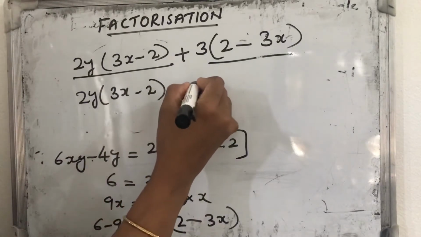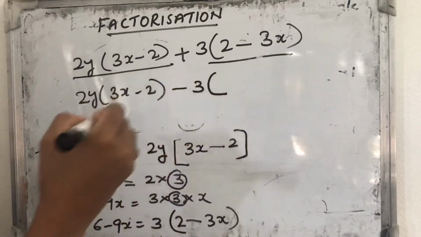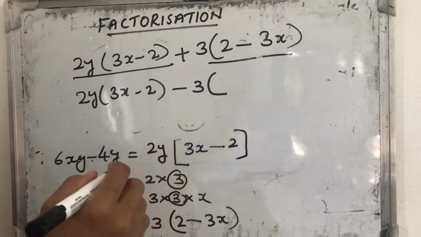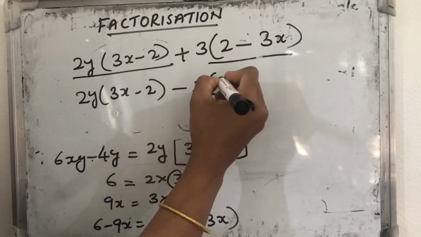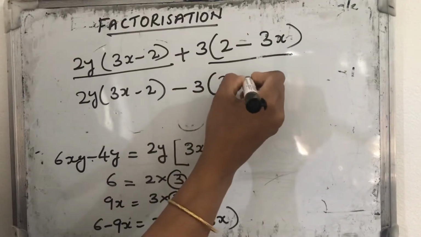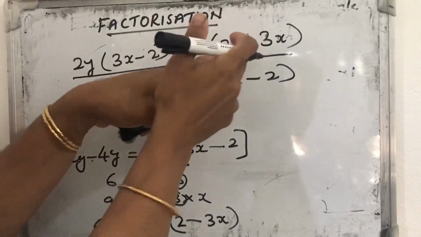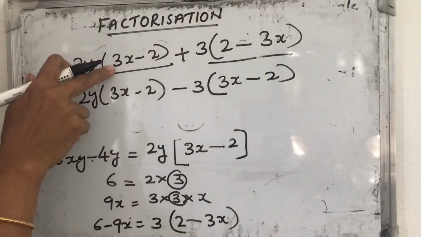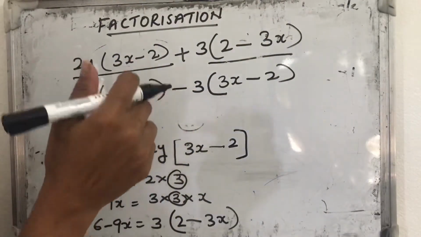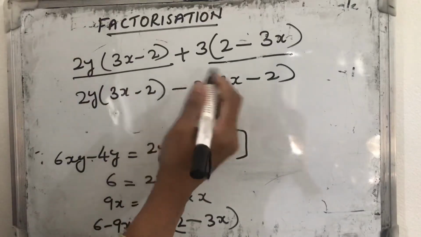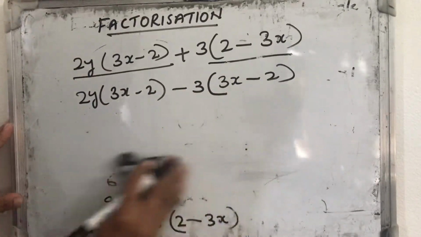When we take it as minus 3, we can take this as minus 3 into 3x minus 2. We are just rearranging this term by changing a sign. Now when we open this bracket, we get the same answer.